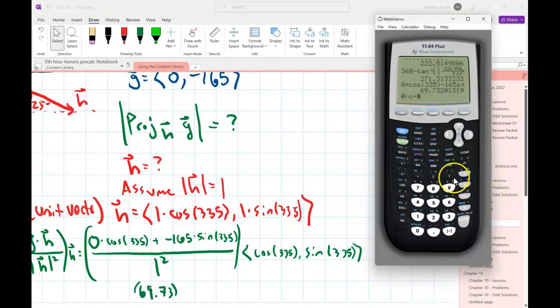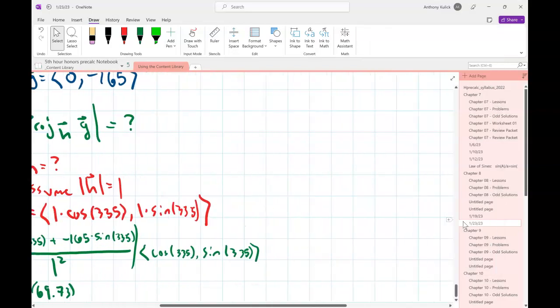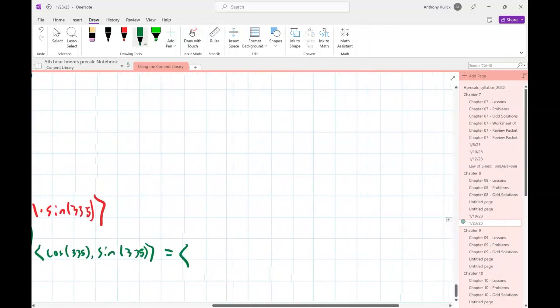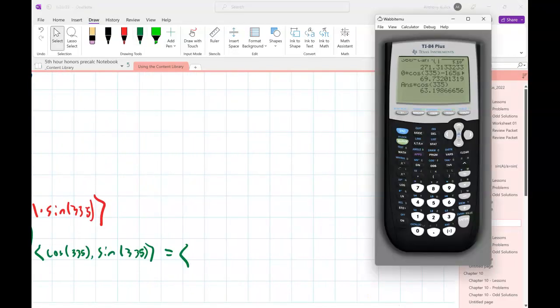So I'm going to multiply that by cosine 335, and then I'm going to take that number and multiply it by sine 335.